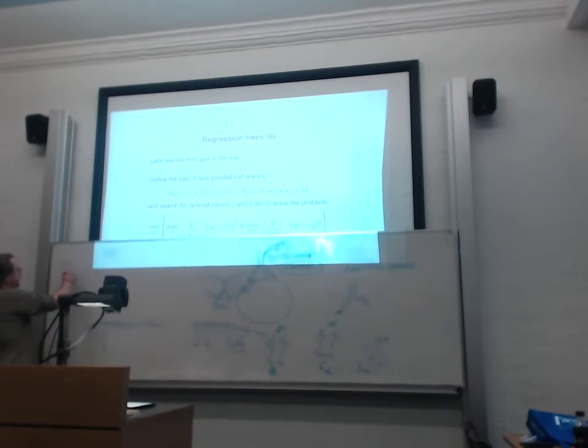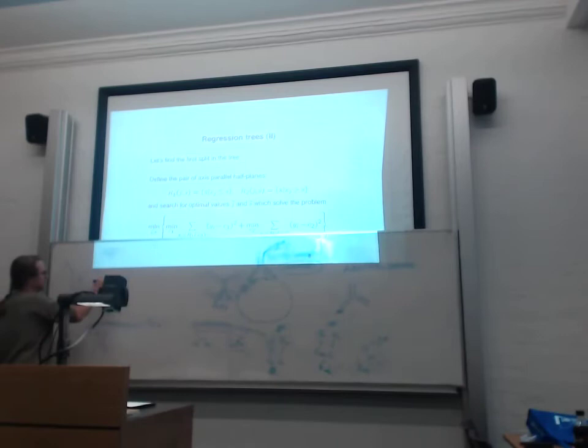So we want to build our decision tree. Maybe we have x1, x2, x3, x4, x5, x7, x8. And with each of these, we have some associated y value.